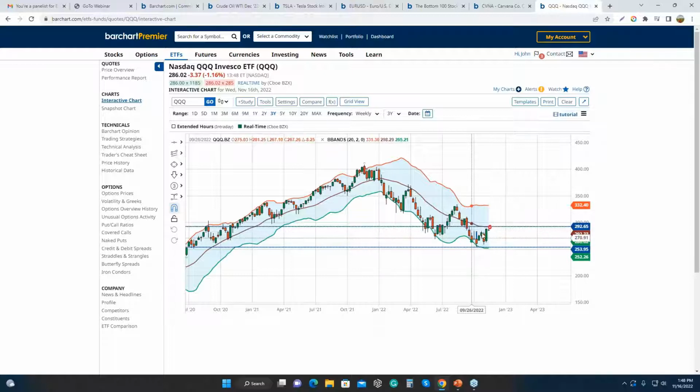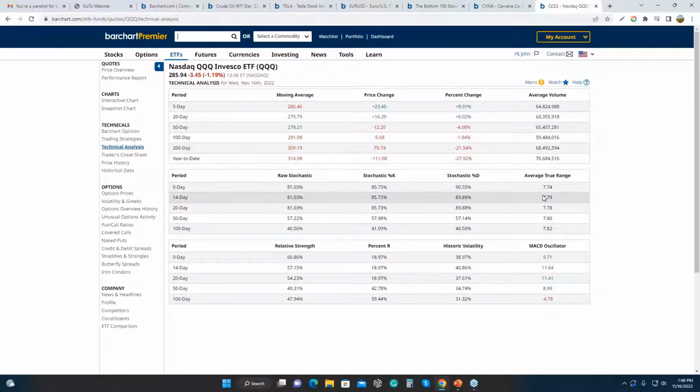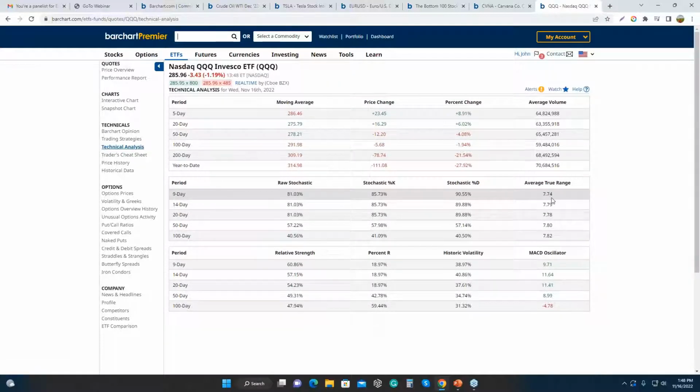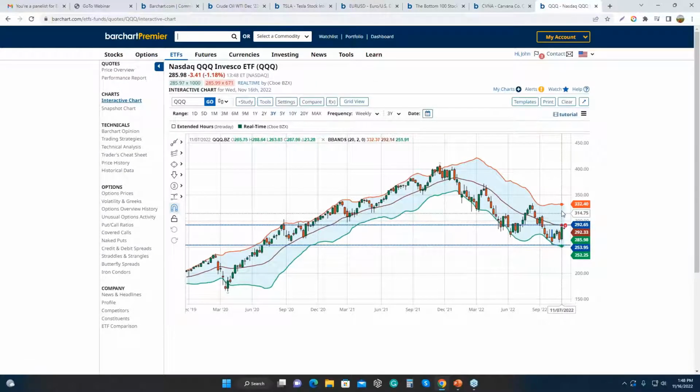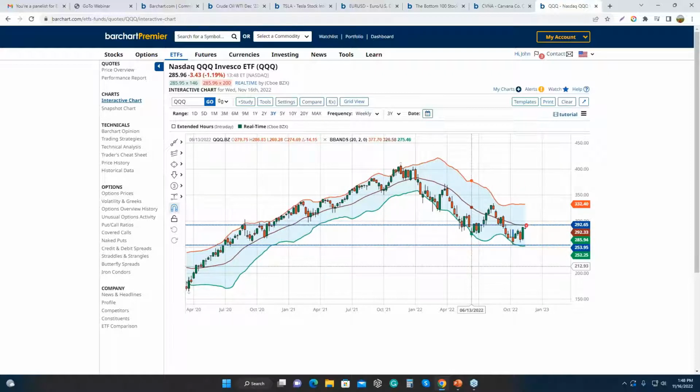I've drawn two balloon lines. I'm not worried about the upper movement, because that's up around 330. My ATR is only 7.7, almost 8. That's too far away, out of the realm of reality. That's almost 40 points away, so I'm not even really concerned about that.